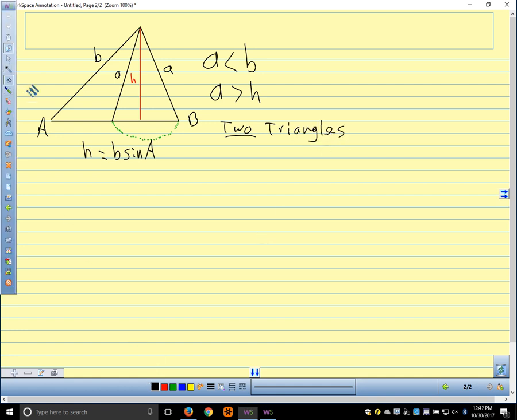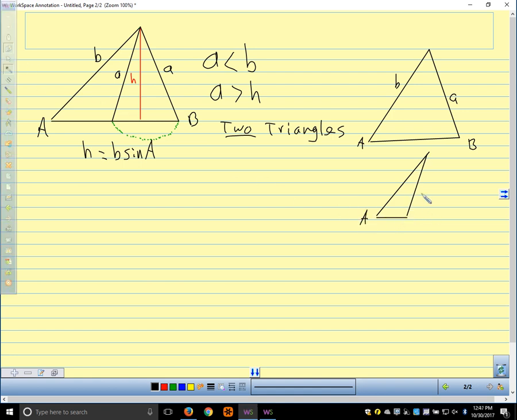One of them looks like our original triangle, like this. And one of them is this new triangle that I got when I swung that side over, that looks like this. Both of these triangles have angle A, side A, and side B. They have the exact same sides and angle, but they're different triangles.